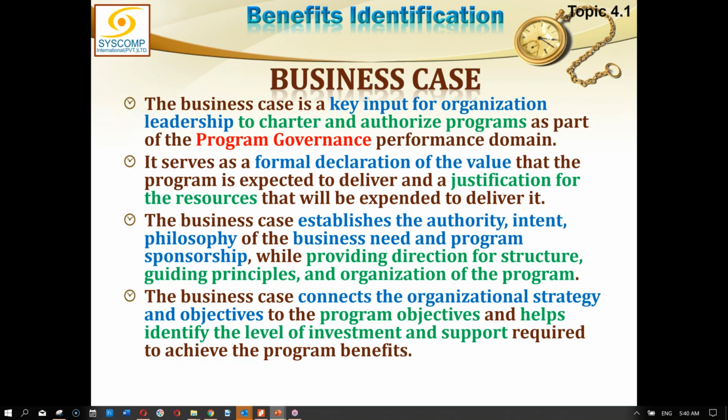So this level of investment and support is basically the subject ultimately of the portfolio manager. He will be looking at the investment which is required for this program to be completed, and that investment and support, if the portfolio decides that it cannot provide due to scarcity of resources, then probably it will be put in a lower priority.